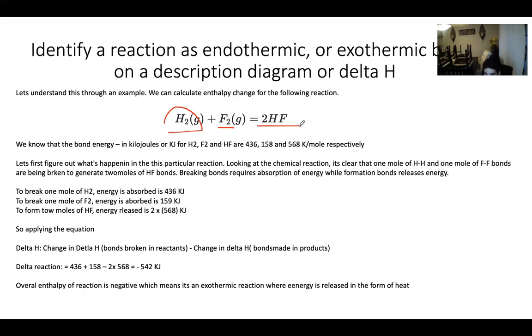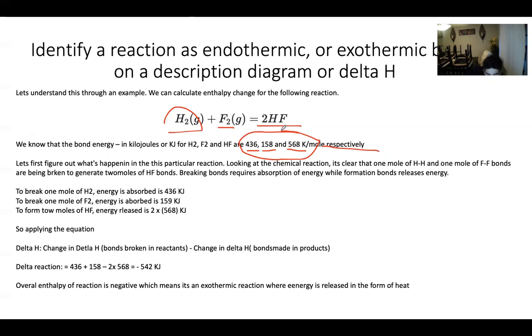We know that bond energy is in kilojoules, KJ, for hydrogen bonds, fluorine and HF. And we know that the different energy values for these are 436, 158, and 568 respectively. These different energy values, you should get from your teacher.